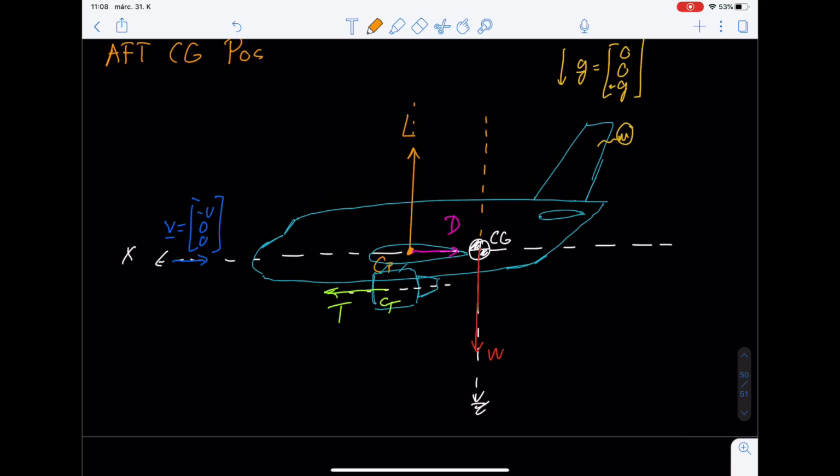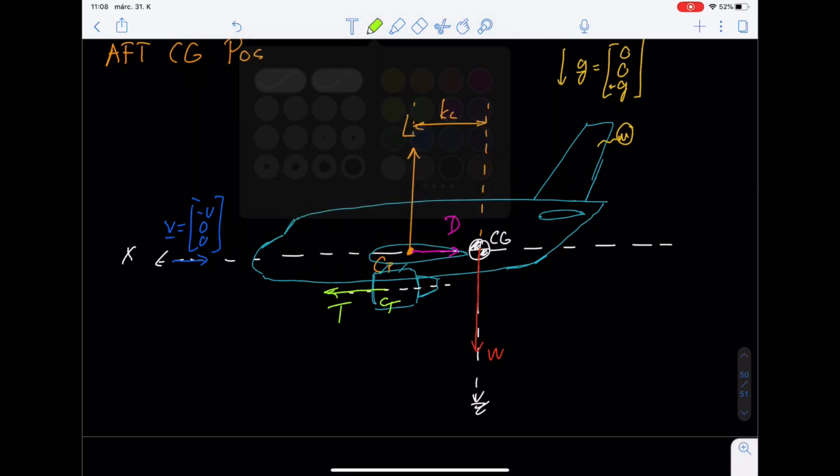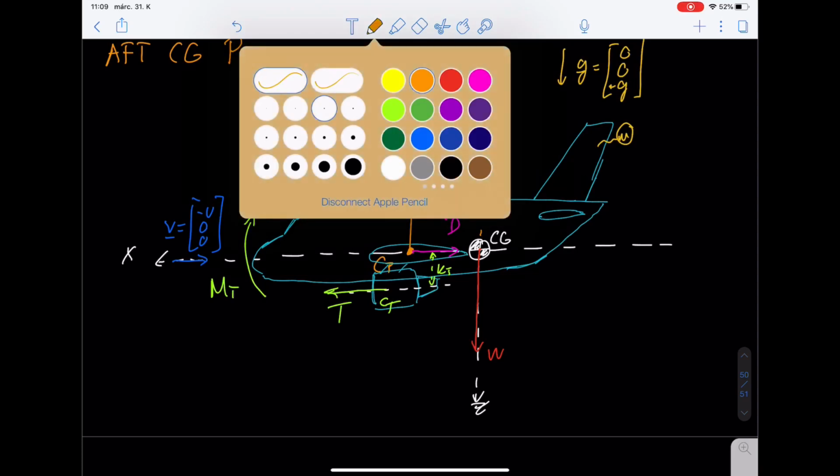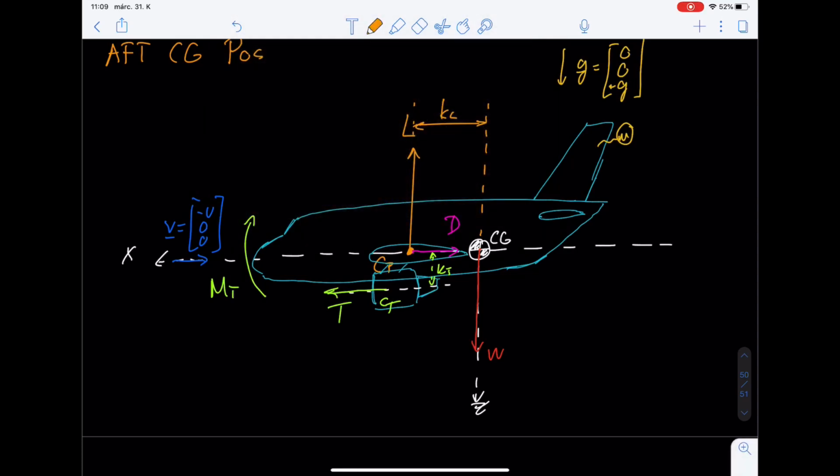So this KL arm, and the thrust on this KT arm. And as you can see, the thrust, because of its position, is still generating a pitch up moment, and the lift is also now generating a pitch up moment.